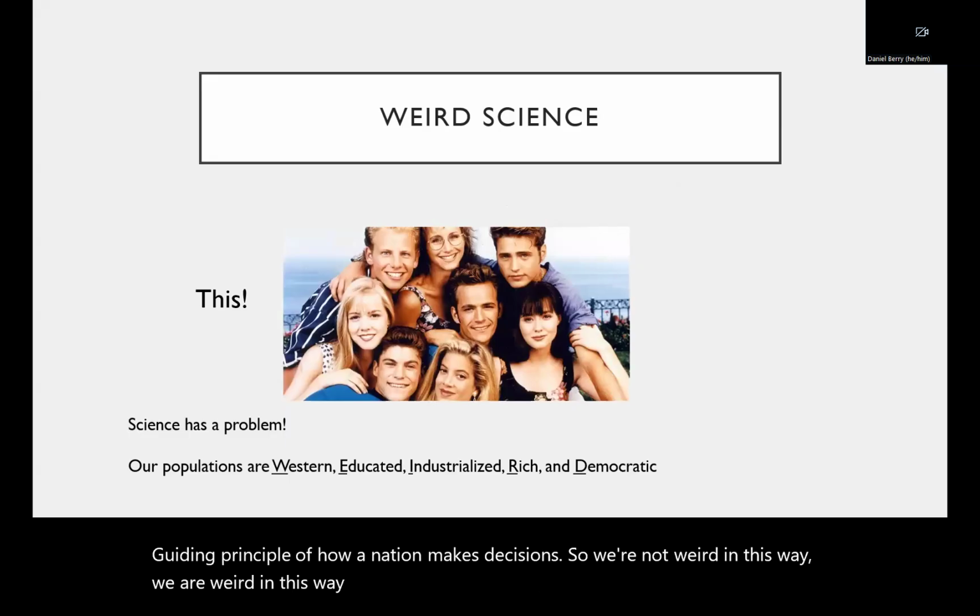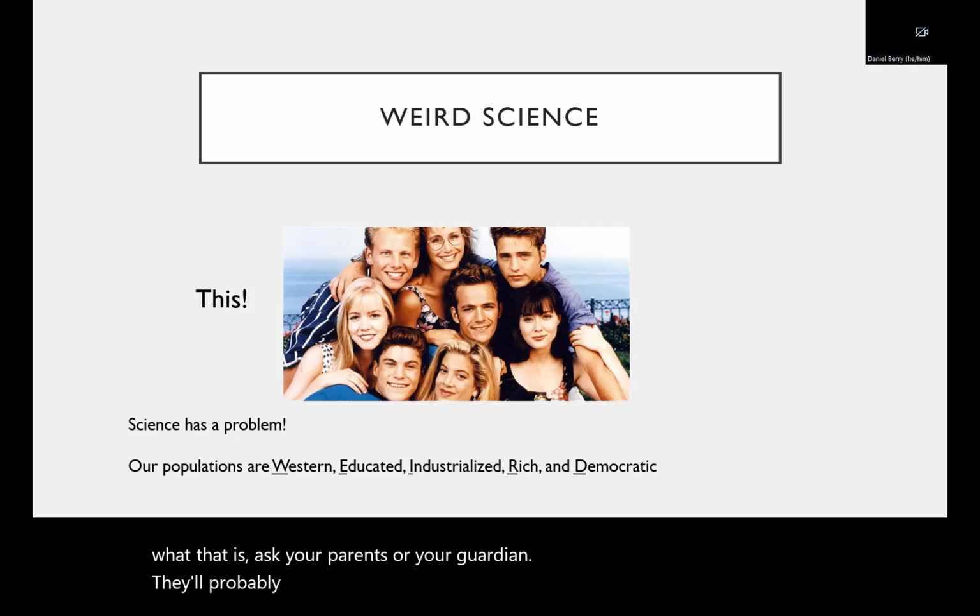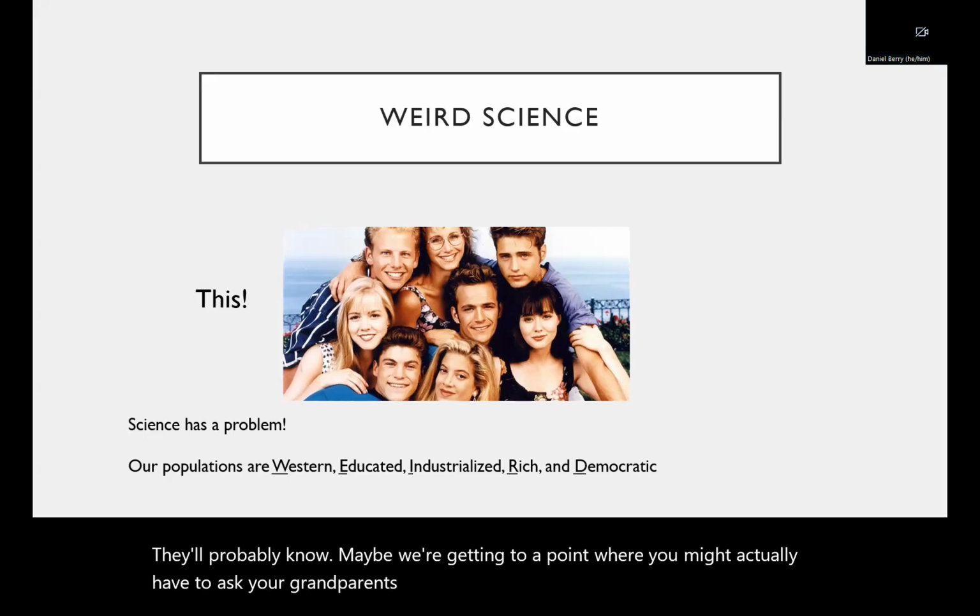This is the cast of Beverly Hills 90210. If you don't know what that is, ask your parents or guardian, they'll probably know. Maybe we're getting to a point where you might actually have to ask your grandparents about this, but I don't think that we're quite there yet.